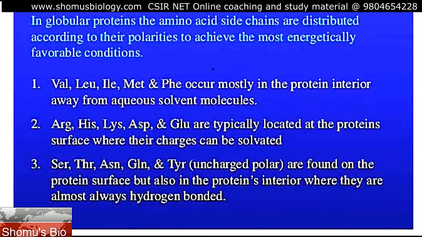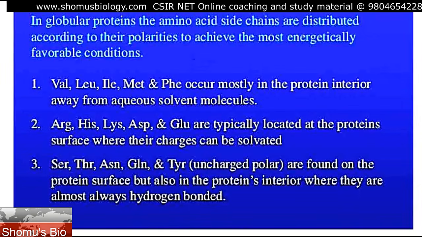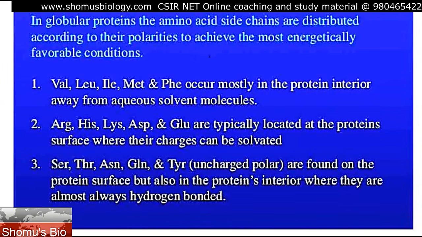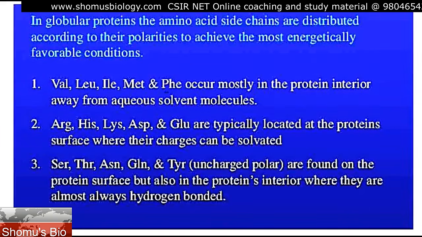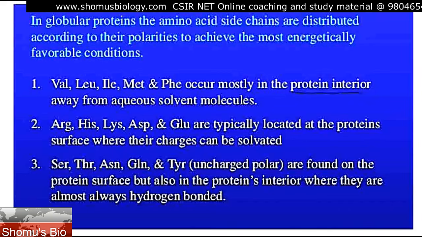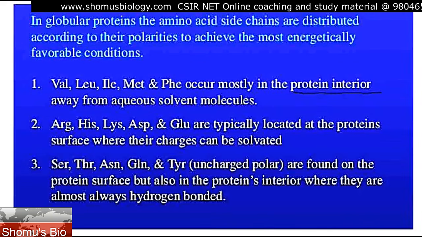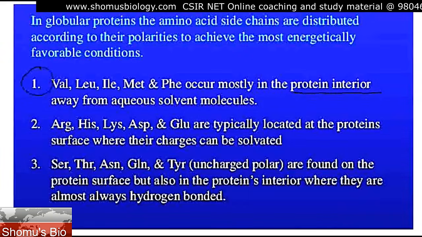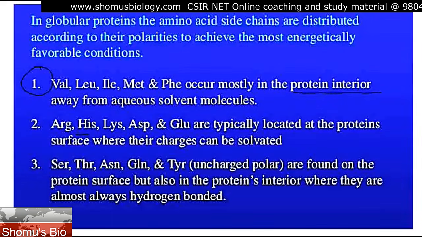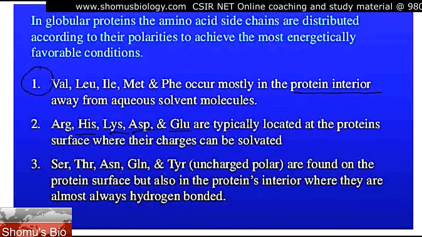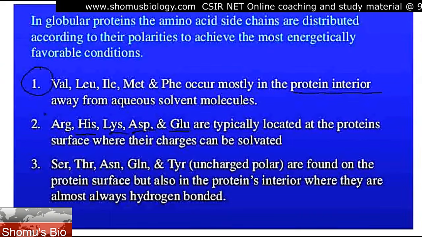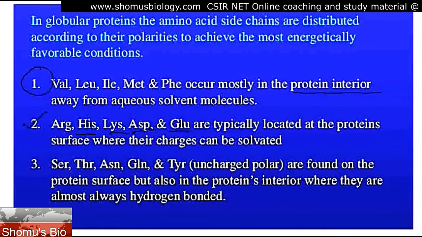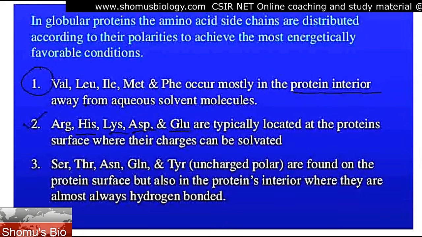So in globular proteins, the amino acid side chains are distributed according to their polarities. Valine, leucine, isoleucine, methionine, phenylalanine occur mostly in the protein's interior, because these are all hydrophobic amino acids. While arginine, histidine, lysine, aspartic acid, glutamic acid are located on the surface because they interact with the hydrophilic regions.